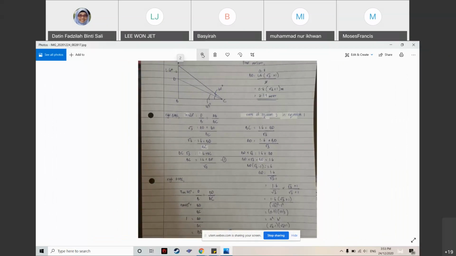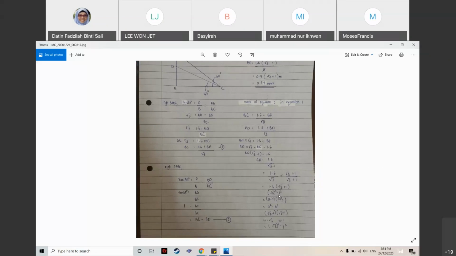So you're looking at right angle triangle ABC. So you have your tangent 60. The bigger triangle, tangent 60 is AB over BC. So tangent 60 is root 3.